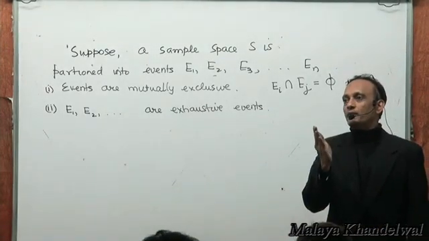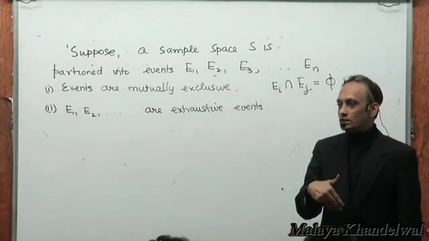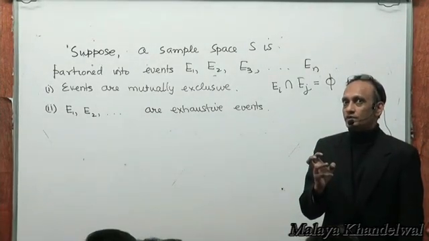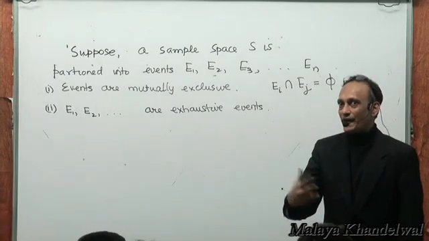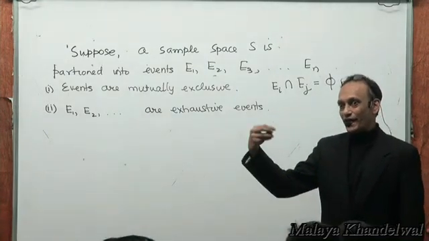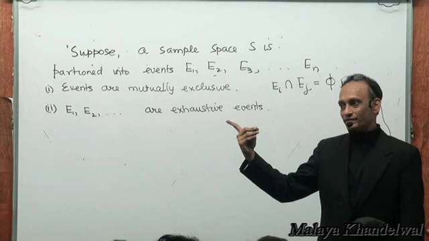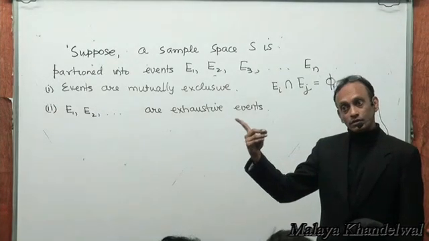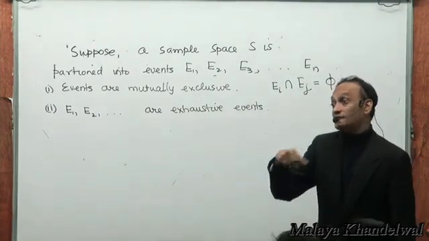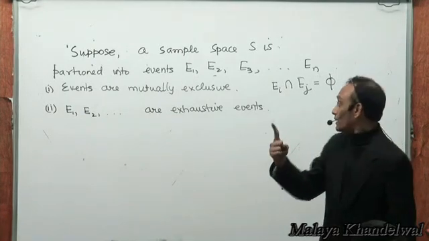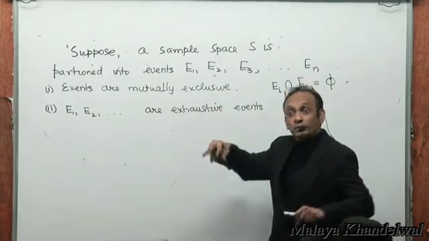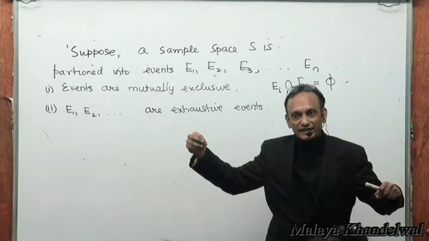So, for example, in the earlier case, the events were picking type A of the bag, type B of the bag, type C of the bag. Right? Since I'm only picking one bag at a time, they are mutually exclusive. I'm not picking two bags at a time.